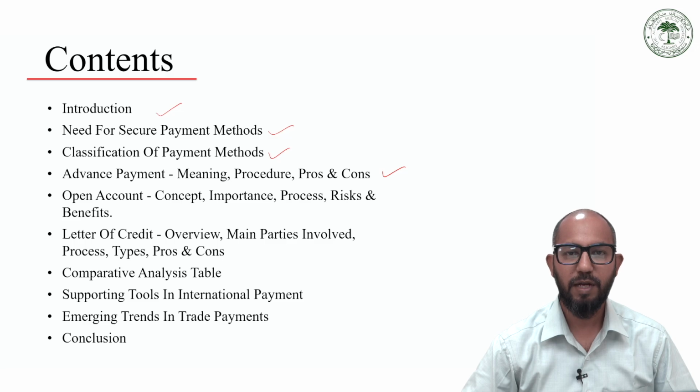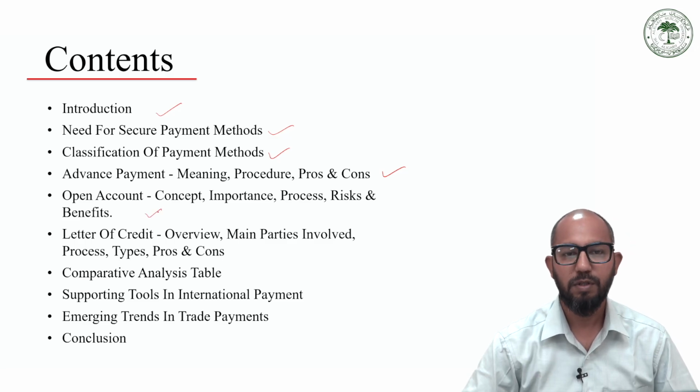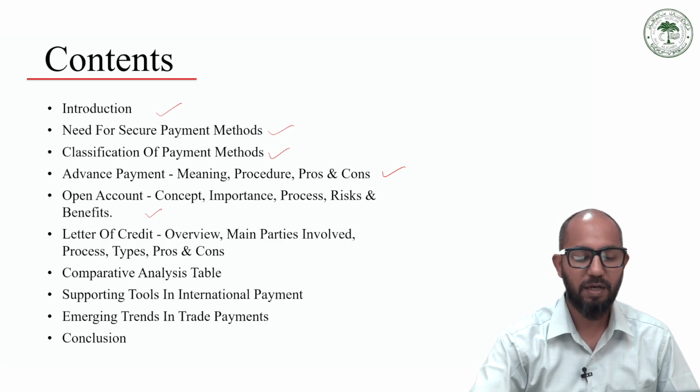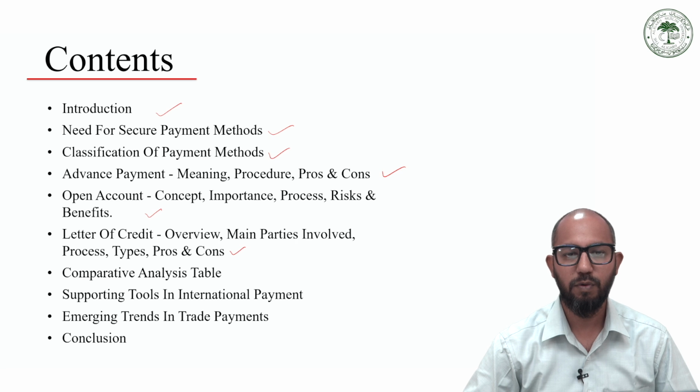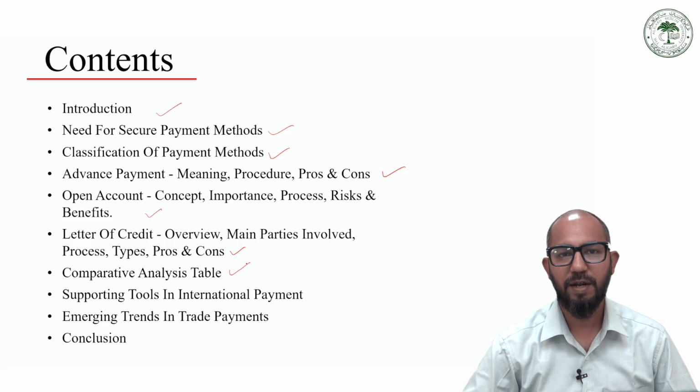Subsequently, we will try to understand open account, wherein we will talk about the concept, importance, process, risk and benefits. After that, we will try to understand the letter of credit and we will focus on overview, main parties involved, process, types, pros and cons, followed by a discussion on the comparative analysis of these payment methods.